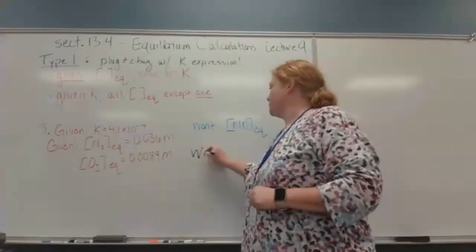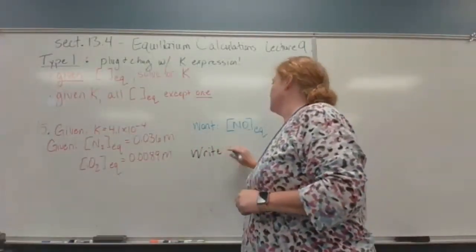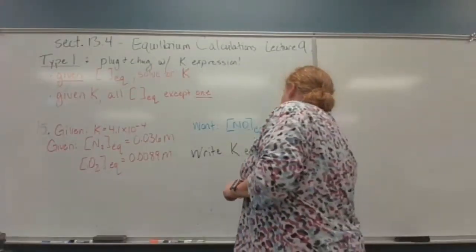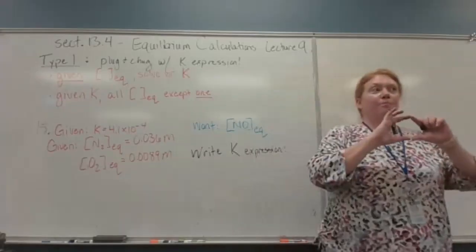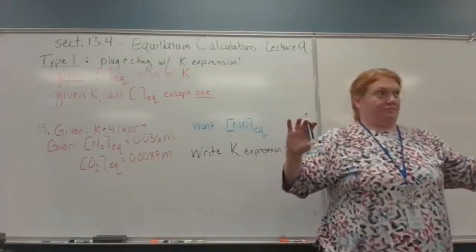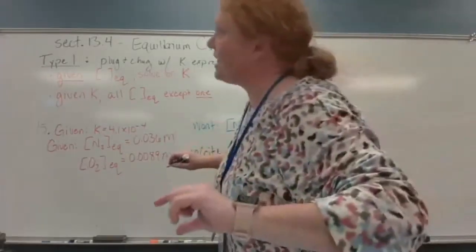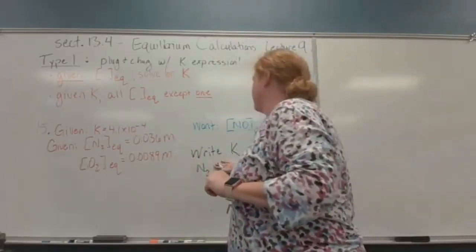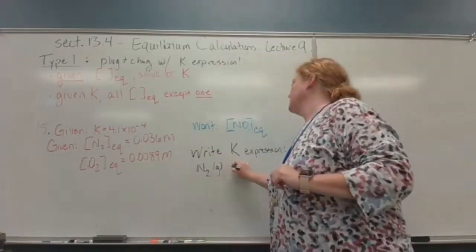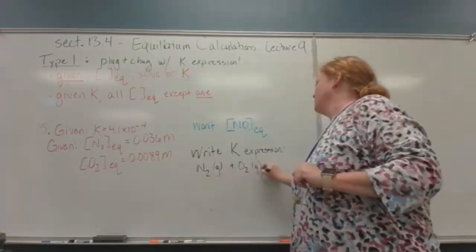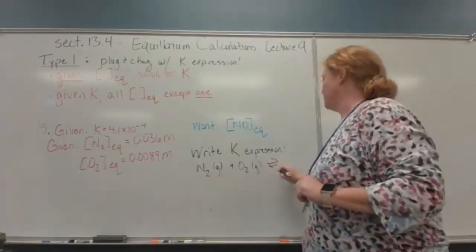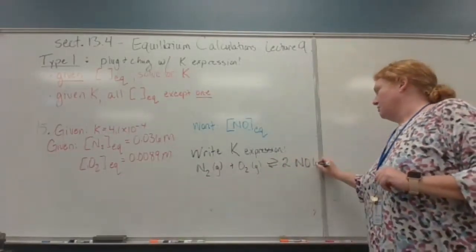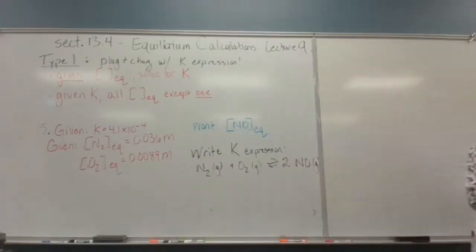What do you have to be able to do first? Write your K expression. Using what as your guide? Overall balanced equation. In the problem, what was the balanced equation given to you? N2 gas plus O2 gas makes, in equilibrium, 2 moles of NO gas, right?